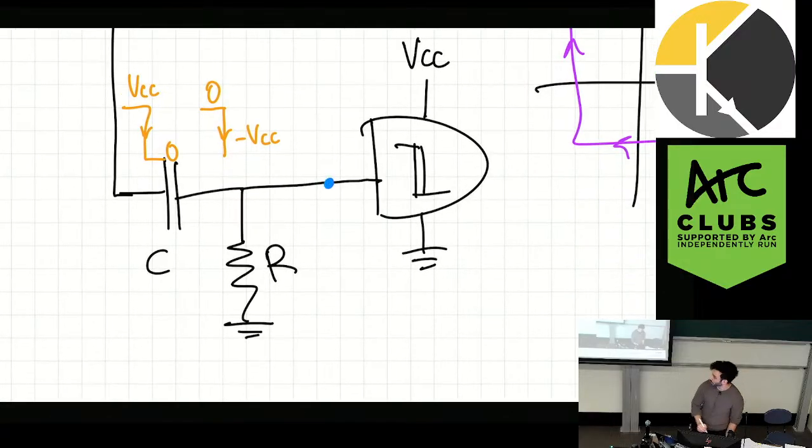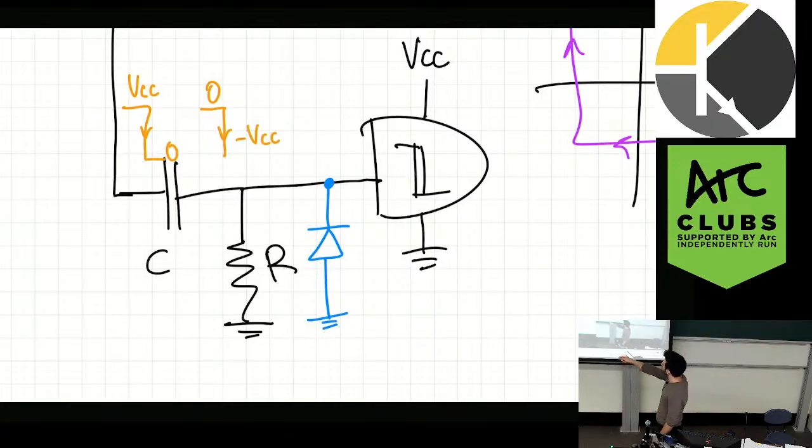So one way we could do it is we could clamp this negative VCC, right? Instead of letting it drop down to negative VCC, I can put a Zener diode, or you can just put a diode here. This diode will turn on when this drops to negative VCC, but the voltage it drops to is no longer negative VCC. It drops to whatever this forward voltage is, right?